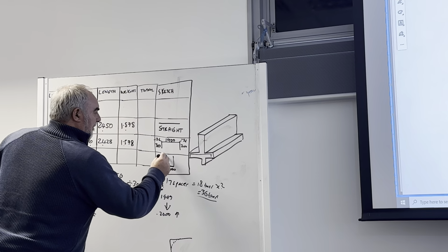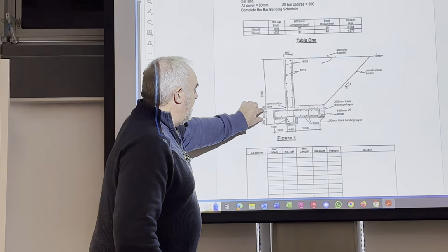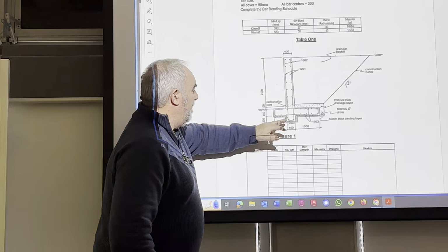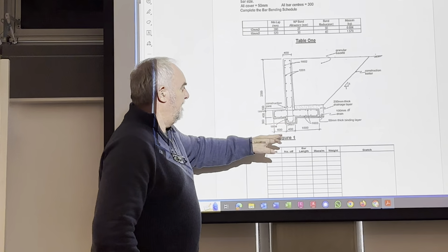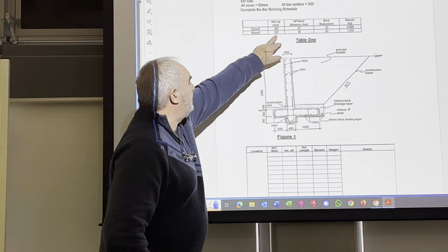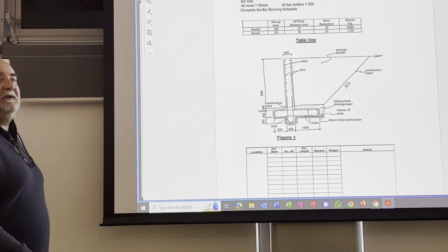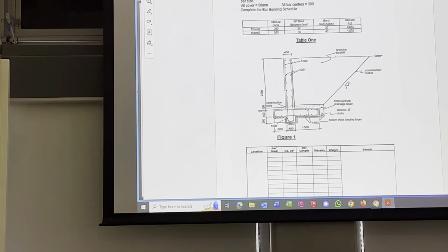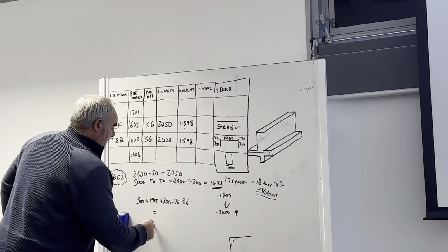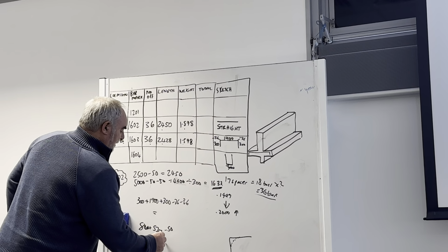The height is going to be equal to 300 plus 400 plus 100 plus the lap minus cover at the bottom. 300 and 400, 700, 800, 800 plus 520, 800 plus 520 minus 50 equals 1270.